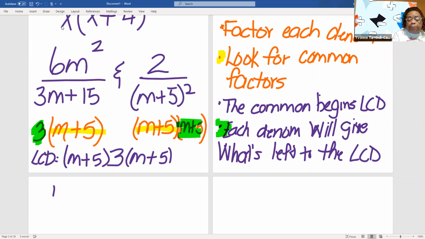Now to make it nice and pretty, normally the 3 comes first. And because you have n plus 5 repeated, you can write it as a binomial square. Oh goodness, I say square, I'm getting rid of it too.